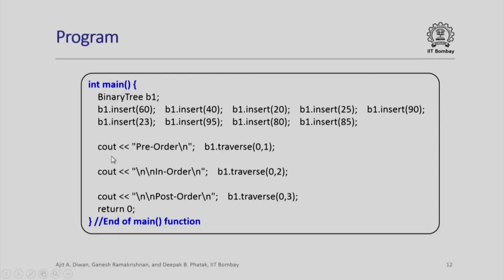Now, for the pre-order traversal, B1 dot traverse with order 1. For in-order traversal, we use the order value 2, and for post-order traversal, we use the order 3. So, exactly the same function will traverse it differently depending upon whether we want pre-order, in-order or post-order traversal.